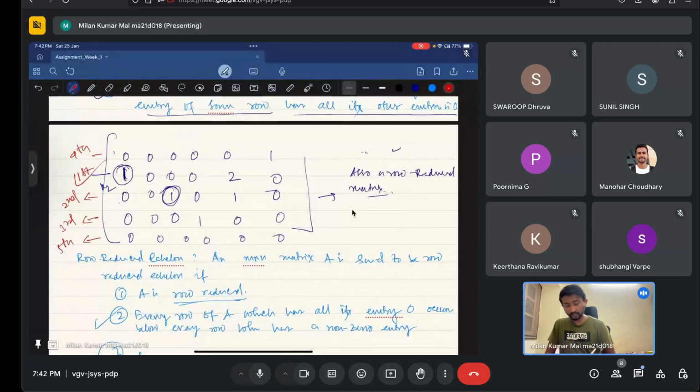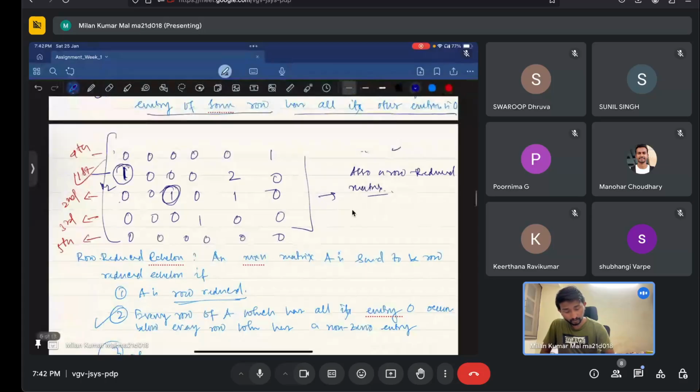If we write that way, we will get the row reduced matrix. I will just write it in short form here, as we have no place to write.